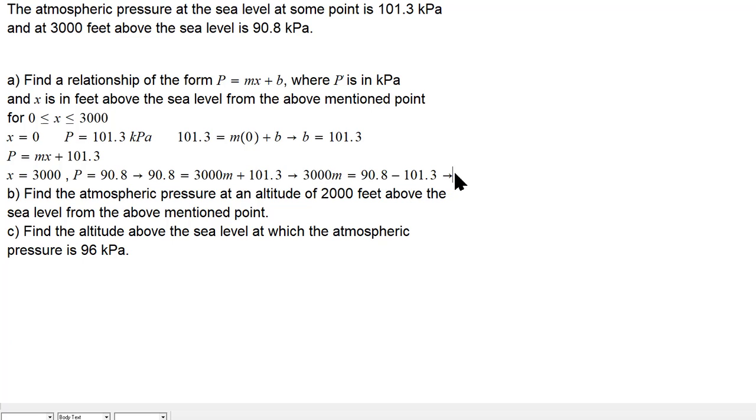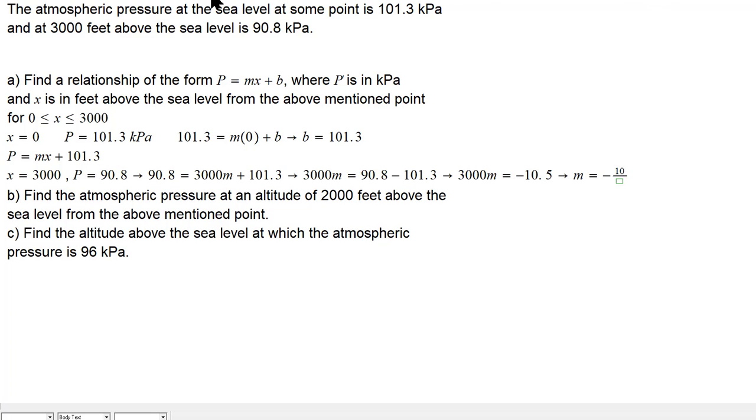Now, this linear relationship has a negative slope, okay, so that difference is negative 10.5. So m is going to be negative 10.5 divided by 3000. All right.